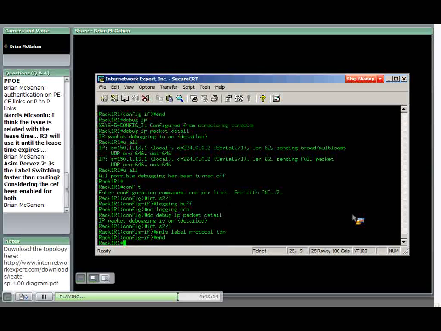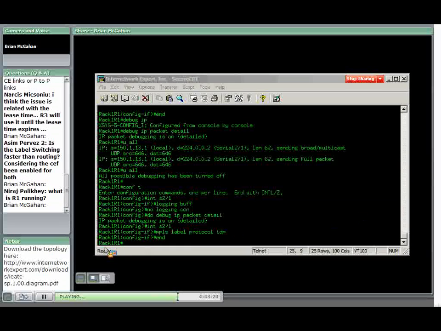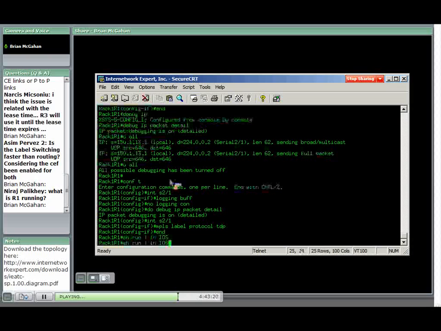Okay, so on router 1's interface here, let's go ahead and enable tag distribution protocol on the link over to router 3. So we'll go to interface serial 2/1, and we'll say MPLS label protocol TDP.